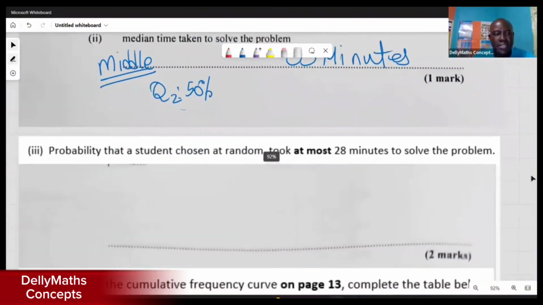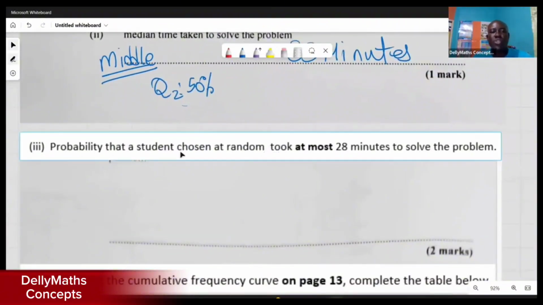The next question says the probability that a student chosen at random took at most 28 minutes to solve the problem. At most would mean 28 minutes or less. But remember, the key word here is probability. So we're going to go where 28 is.